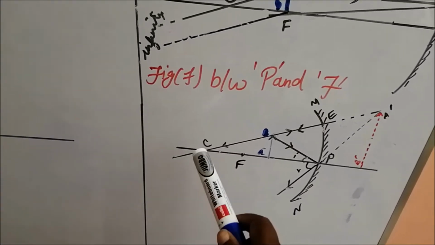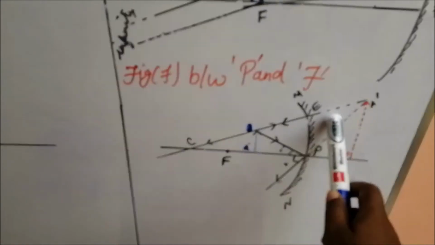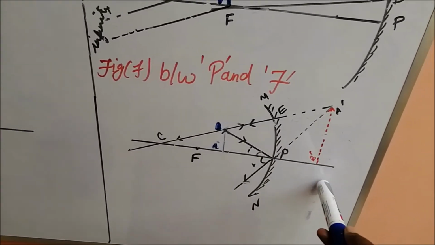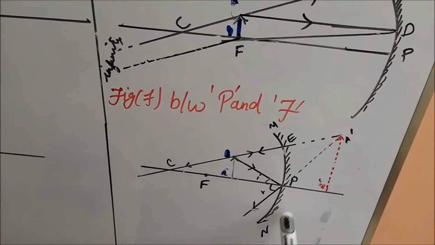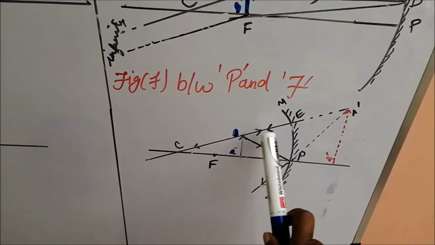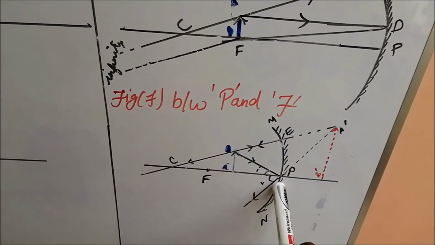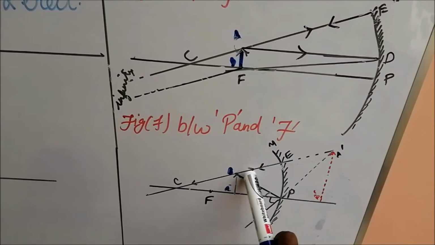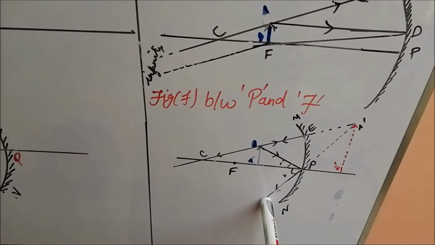If the object is placed between P and F, the pole and the principal focus, the image occurs beyond the pole, that is beyond the mirror. We can observe there are two rays which come from the object. This is one ray and this is the another ray. This ray is getting reflected through the same path, and this ray is getting reflected like this.